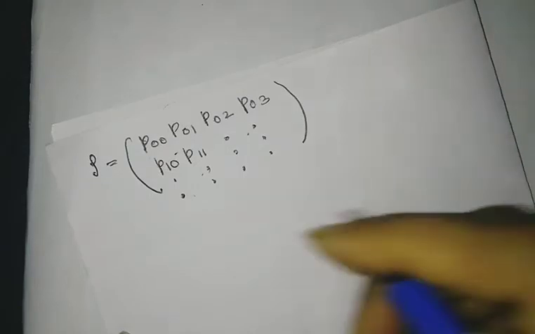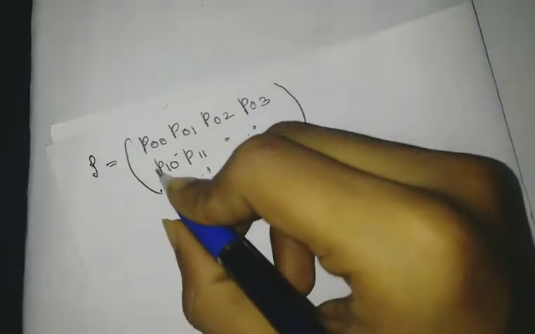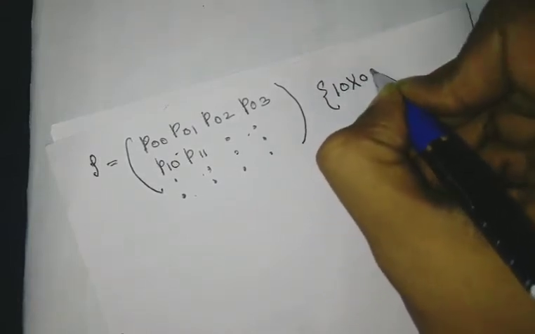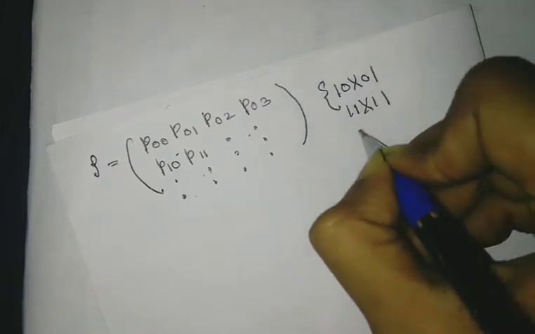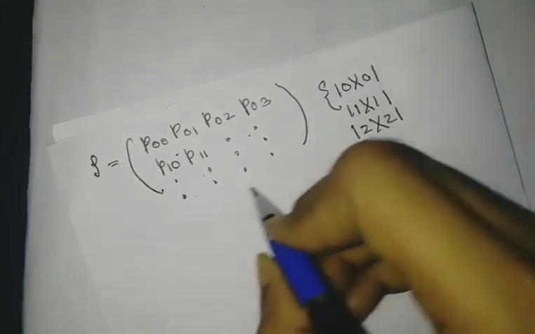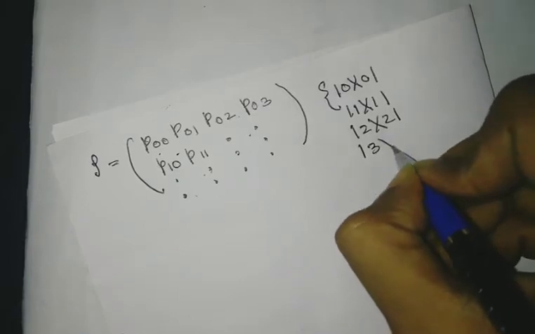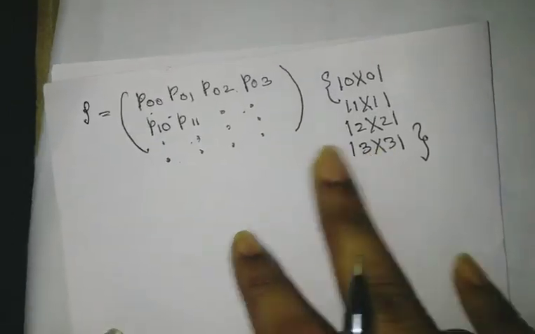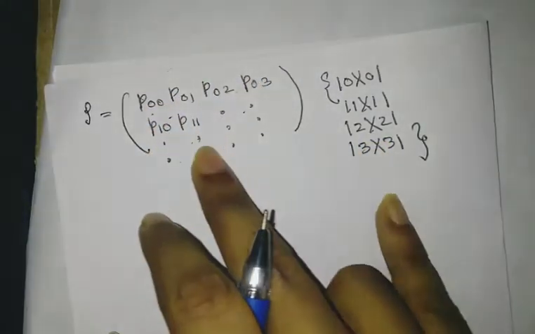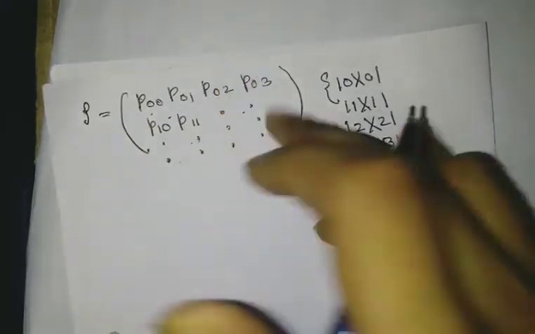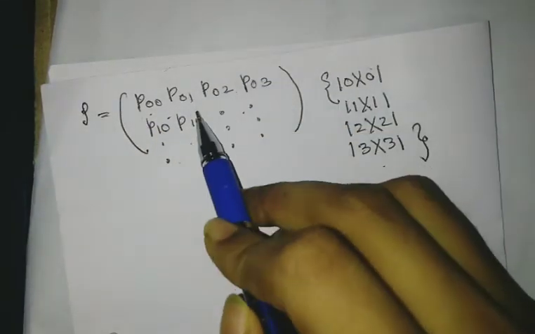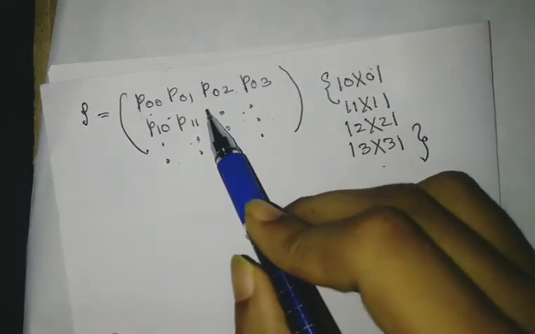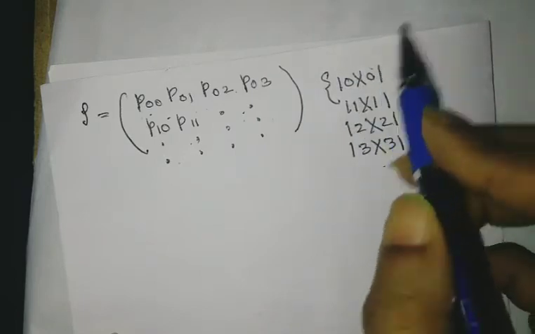What this means is that if this state is expressed in the basis 0, 1, 2, 3, it is non-diagonalizable. It is not diagonal in this basis. This basis is not the eigenbasis of this rho.